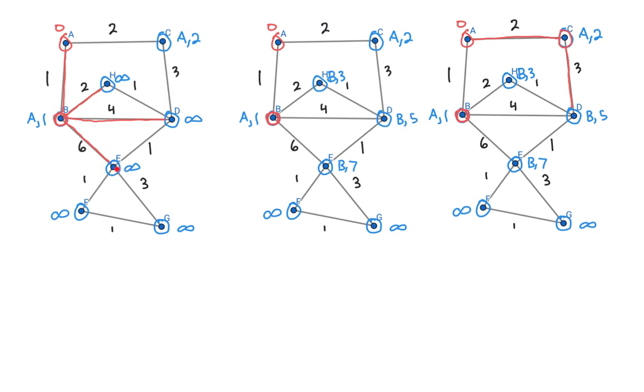And 1 plus 6 is less than infinity, so we replace that number with 7. In each of these cases, we include b to tell us that the shortest path from A to these vertices discovered so far has to go through b.